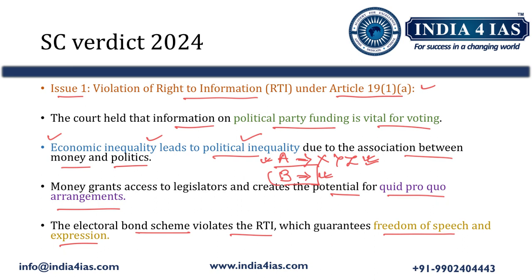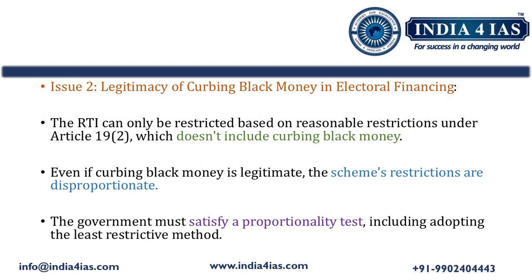The second issue addressed by the Supreme Court in the judgment is the legitimacy of curbing black money in electoral funding and restricting the RTI Act with respect to that. The court said that RTI can only be restricted based on the reasonable restrictions mentioned in Article 19(2) of the Constitution.